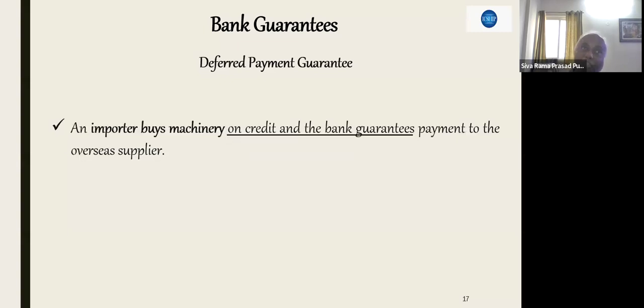An importer buys a machine on credit and bank guarantee payment to the overseas supplier.